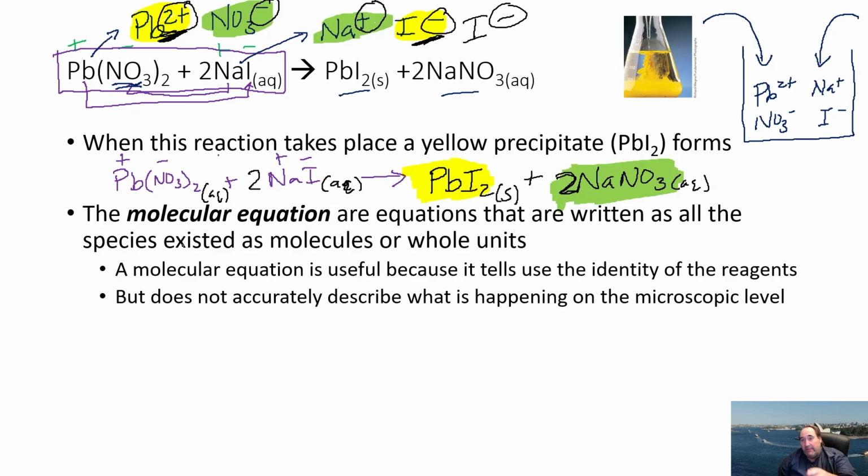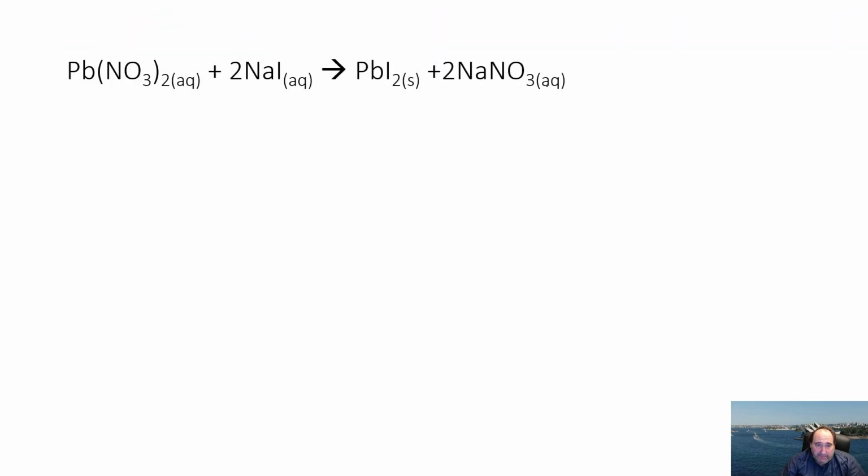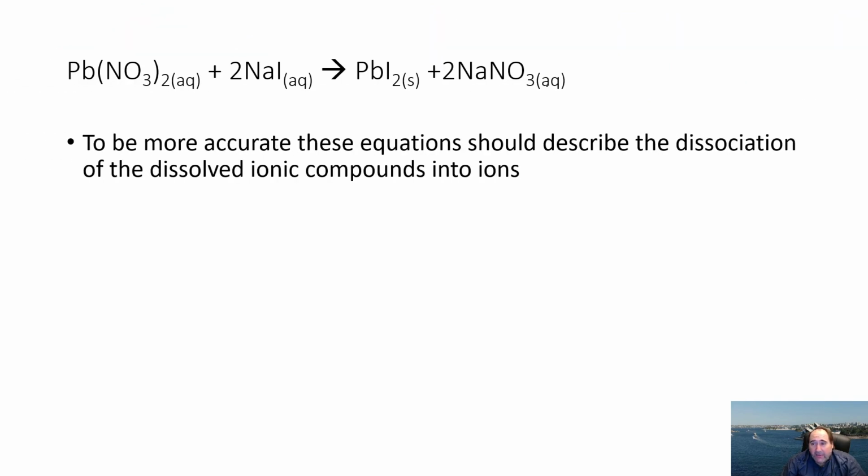Now, as I alluded to there in the top right with that picture, what is actually happening when you dump these guys into this solution or this beaker is we got a bunch of ions floating around, basically. So we can take this equation and write another equation which describes what is happening in this solution.